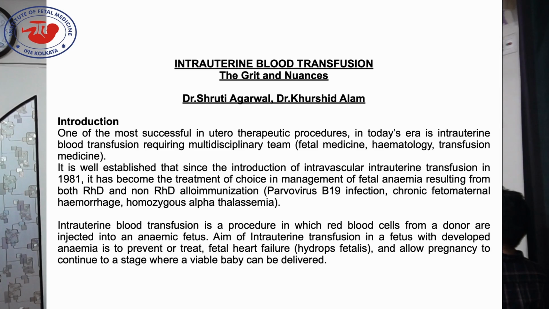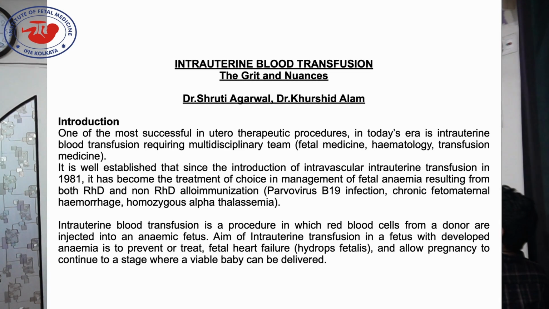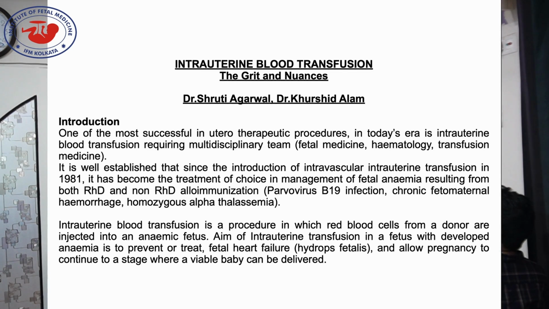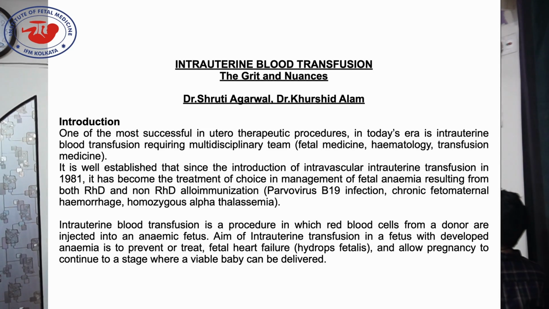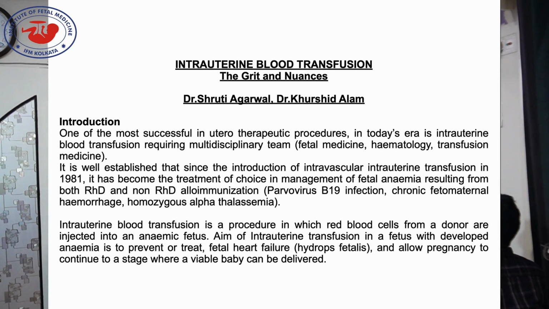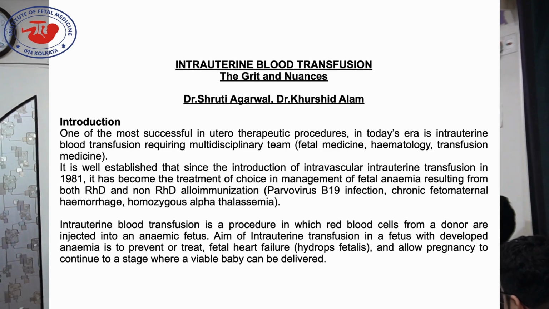Sometimes it happens. So now, suppose we have detected a case where the fetus is affected and now we need to treat it. If we don't treat it, it will die of heart failure. Because what does anemia cause? Hemodynamic overload. There will be less viscosity and there will be hyperdynamic circulation.